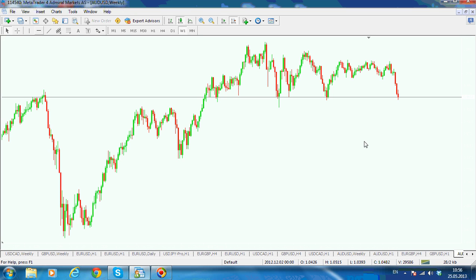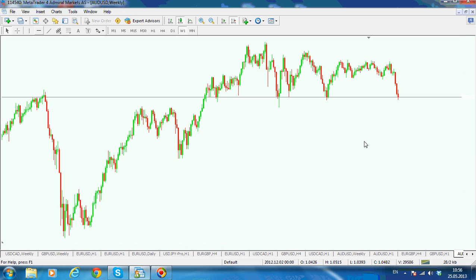Chinese data didn't actually help the pair, as the PMIs in China, especially PMI manufacturing, came in below the 50 line, the 50 line meaning expansion or contraction of an economy. So it was 49 something, not well below 50, but nevertheless a print below 50, and that just added to the sell-off in the Australian dollar, US dollar.